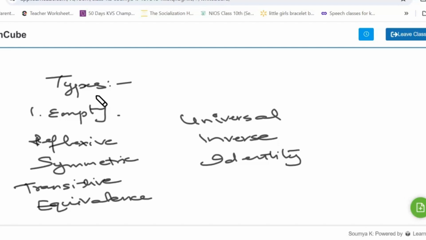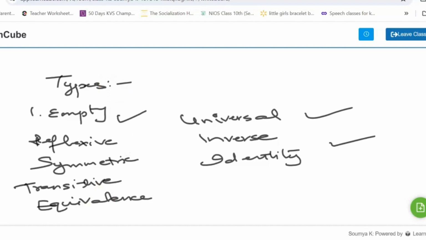Okay, these are the basic relations that are there. We have to focus on empty relation, universal relation, then identity relation. These are mentioned in your lesson. So let's see what are they.